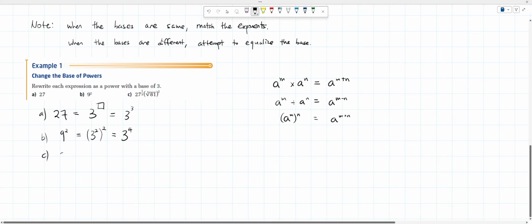We can rewrite 27 as 3 cubed, what we just did in part A, and raise that to the power 1 over 3. Then what about 81? I think 81 can be rewritten as 3 to the power of 4, like we did in part B.